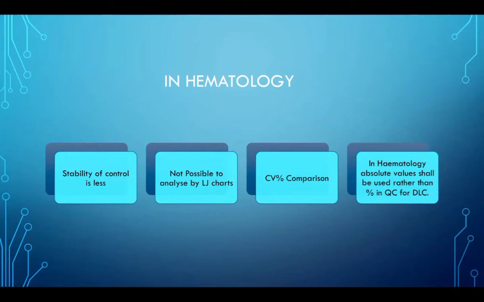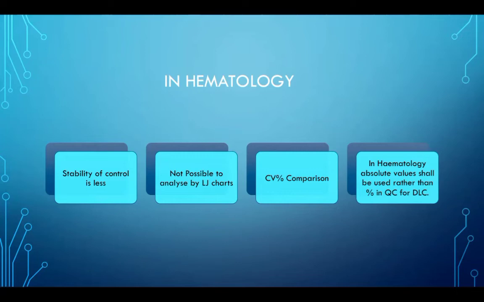Now for differential count, what happens? We are getting differential in percentages as well as absolute value. So when you are calculating variation in your differential count based on control data, use absolute values rather than percentages, because first you are getting the percentage, then you are calculating again a percentage from that percentage.